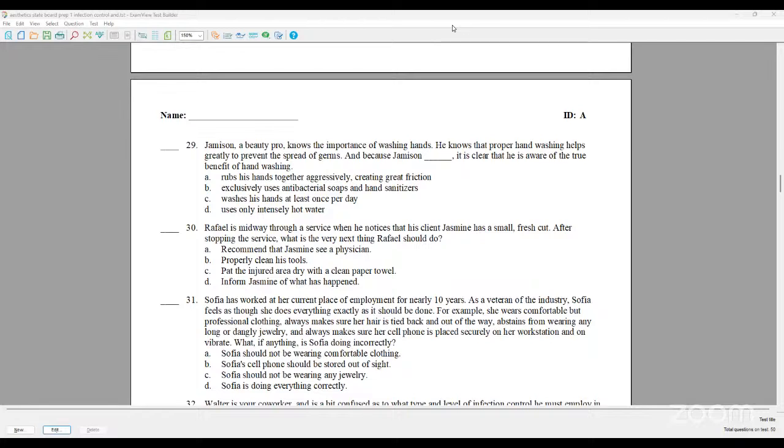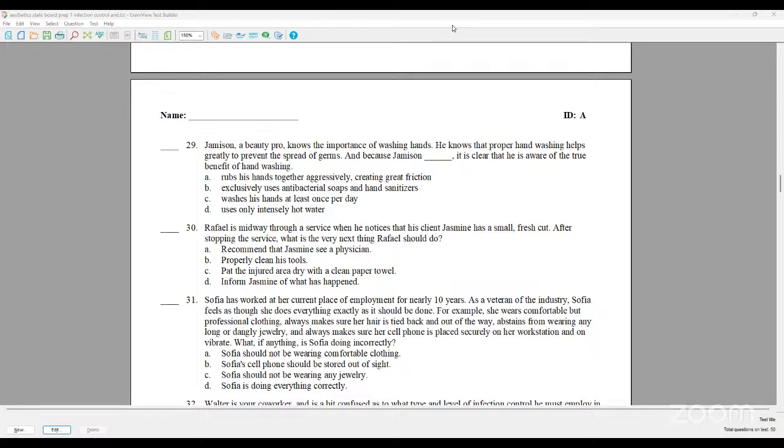Is it A, rubs his hands together aggressively, creating great friction? B, exclusively uses antibacterial soaps and hand sanitizers? C, washes his hands at least once per day? Or D, uses only intensely hot water?